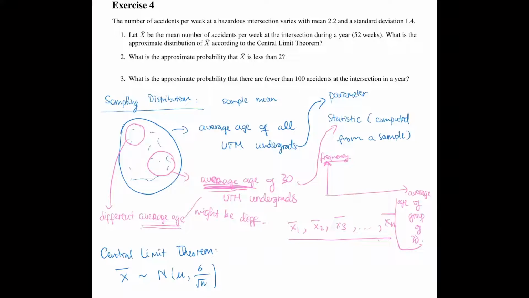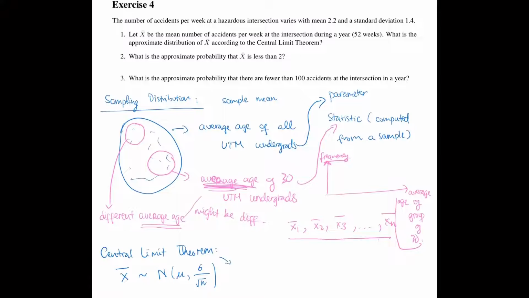Okay. So now we will actually try to solve exercise 4. One condition to apply this central limit theorem is that the sample size has to be at least 30 if the population distribution is not normal.